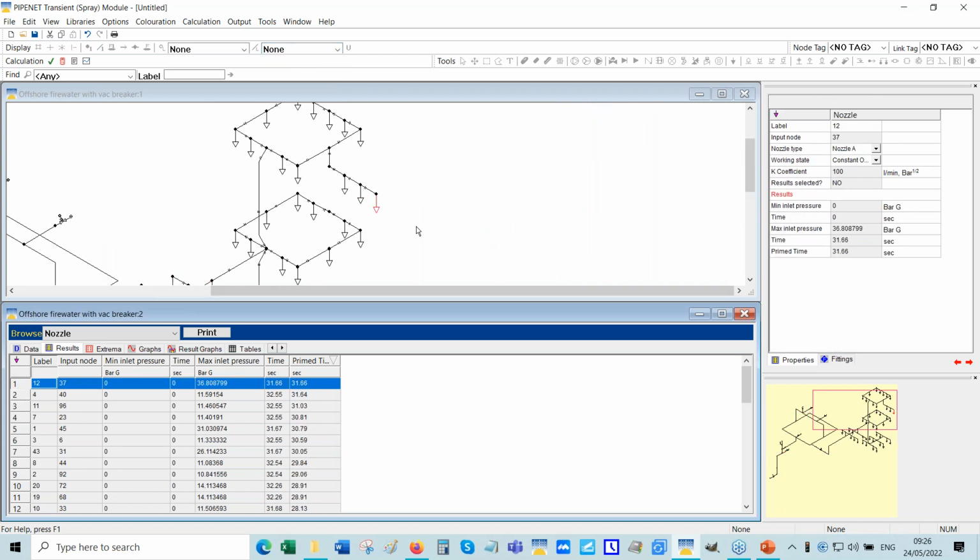And that'll take me straight to the last nozzle. Although it seems to be at a slightly lower level, it's got this pipe in addition to everything else here. So it's clear that that is likely to be the last nozzle to prime.